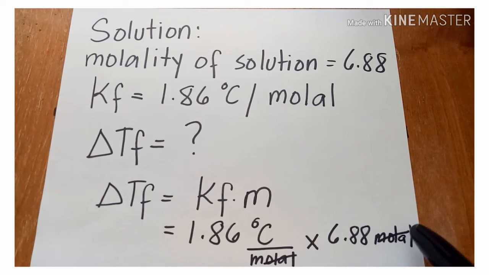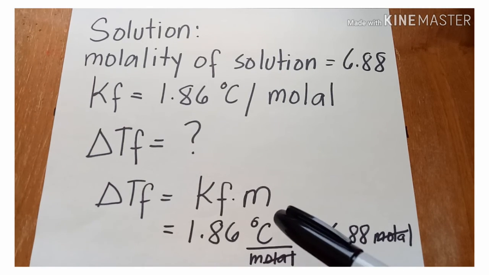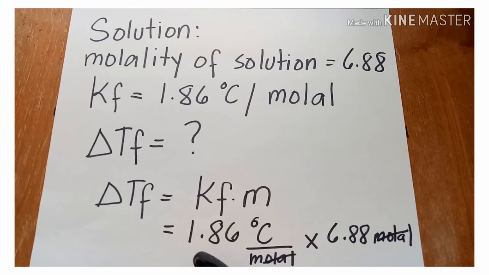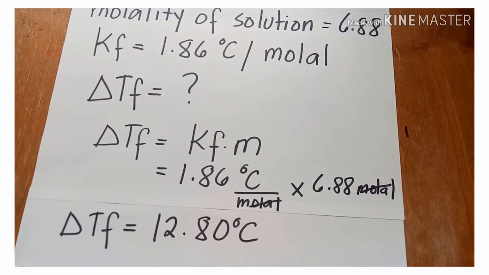You can just cancel out these units, so we will have a remaining unit of degrees Celsius. Multiply 1.86 by 6.88, and that will give you 12.80 degrees Celsius. That's the value of delta T sub F.